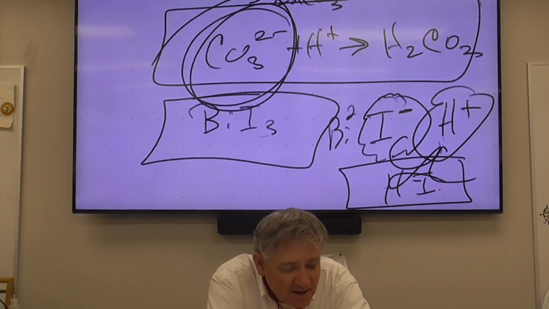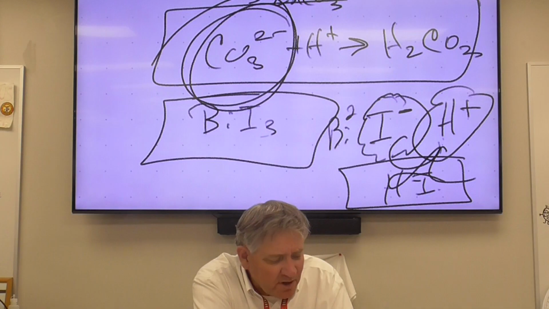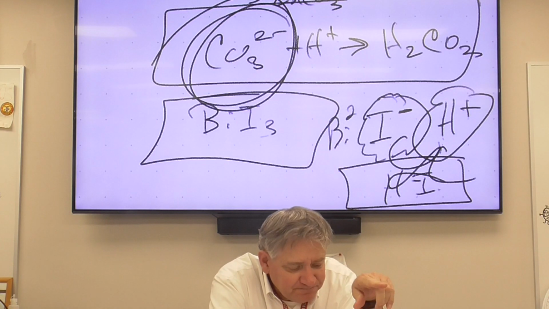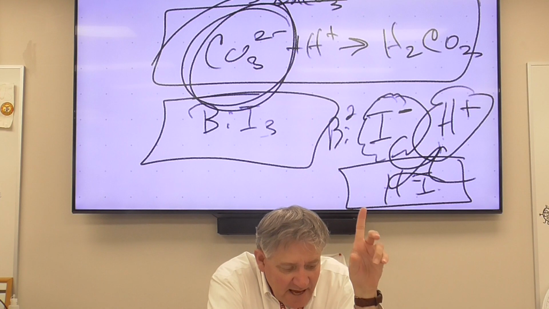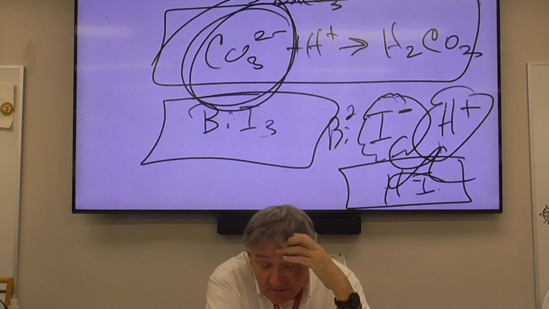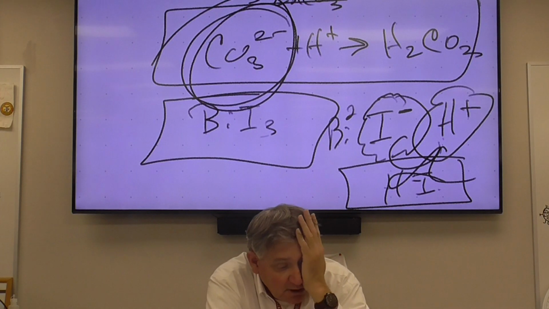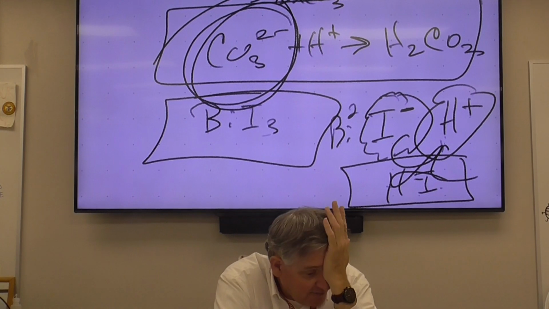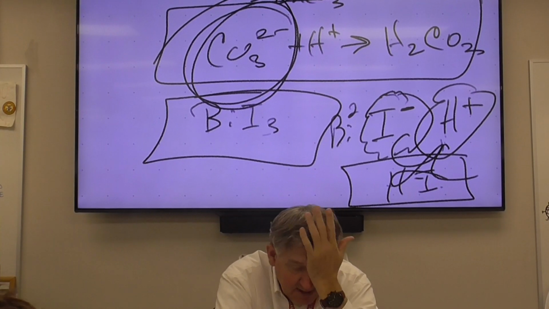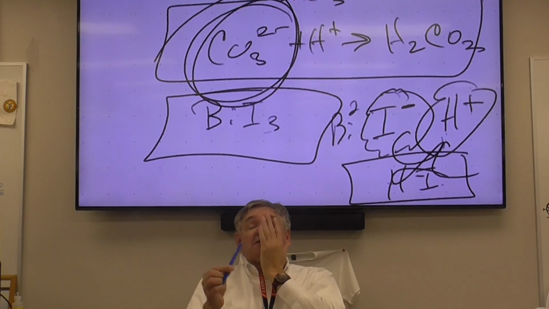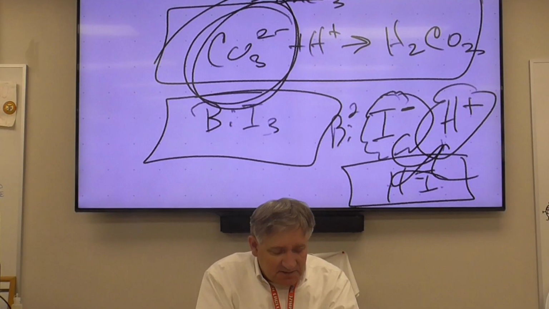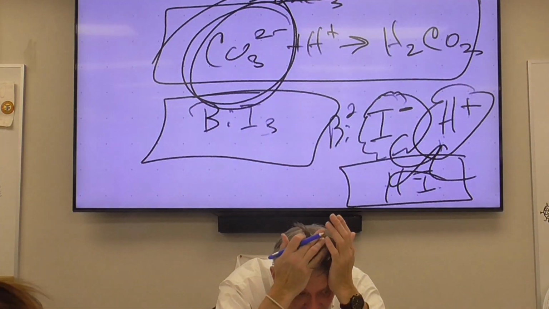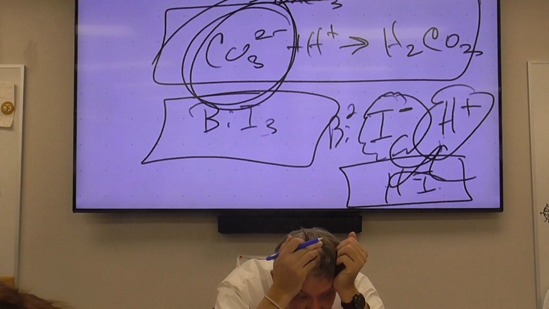Anyway. What you should see on the green sheet is that, because I want to make sure that you all can do this, on question number 2, when you calculate that QSP, you use the molarities after they are mixed. So if you're going to do number 2, what's the first thing you have to have? The equation.